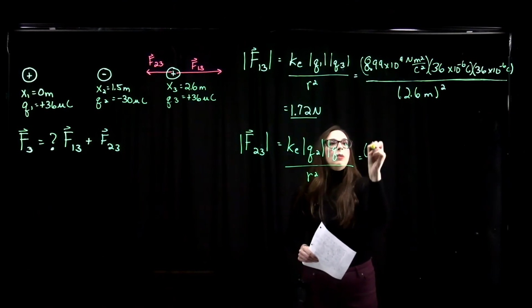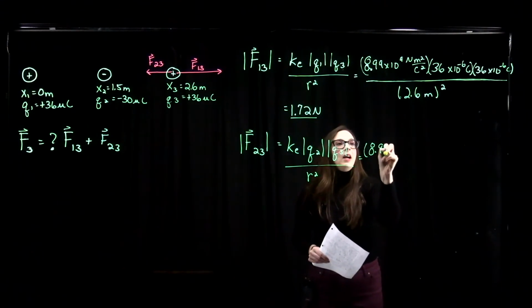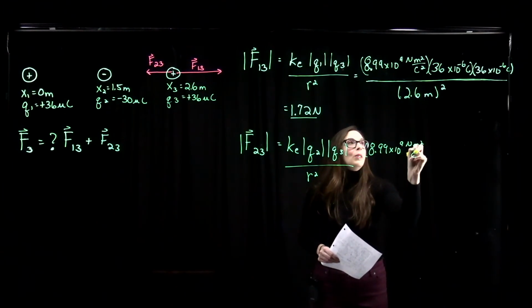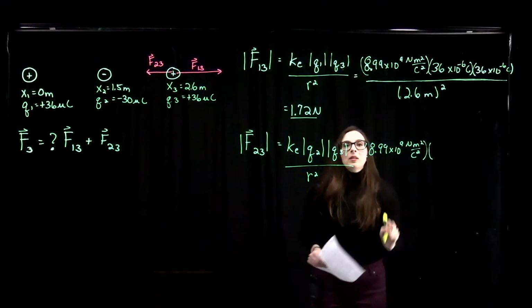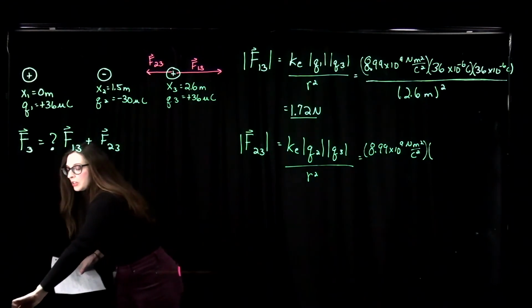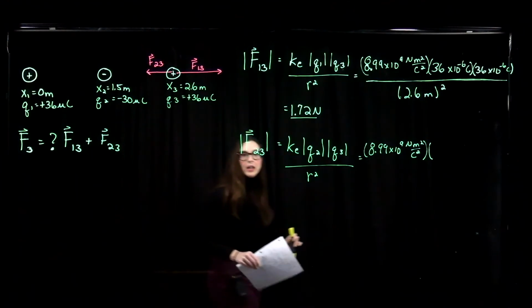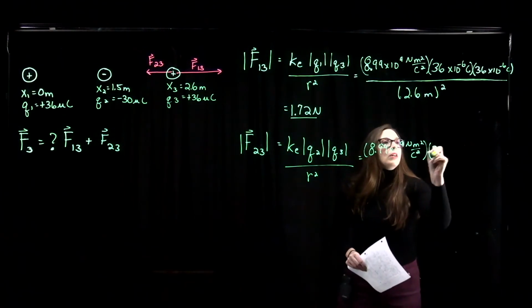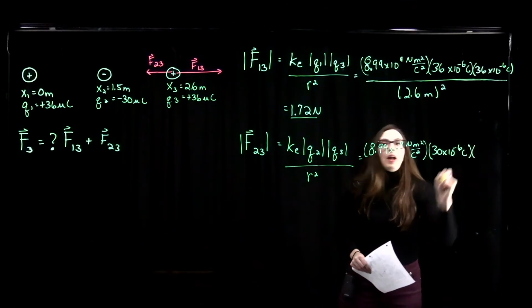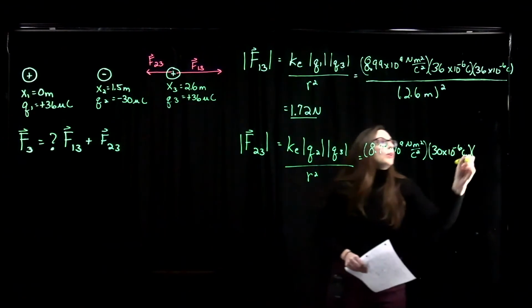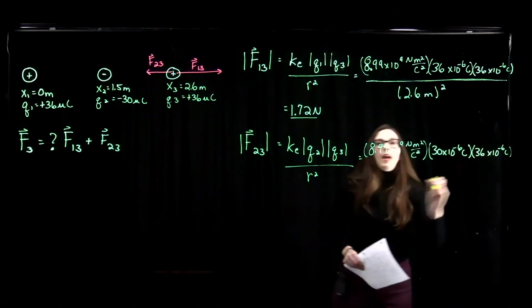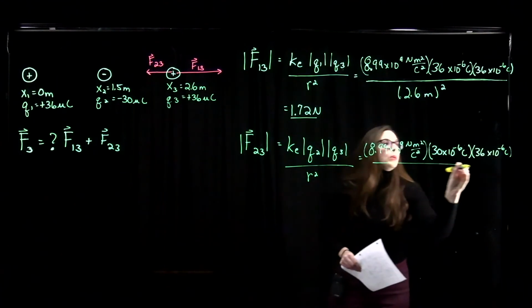So again, that will equal 8.99 times 10 to the 9 Newton meters squared over Coulomb squared times our charge on Q2. We're just thinking about the absolute value of it. So that charge is 30 times 10 to the minus 6 coulombs times Q3, 36 times 10 to the minus 6 coulombs, and we divide it by the distance between them squared.